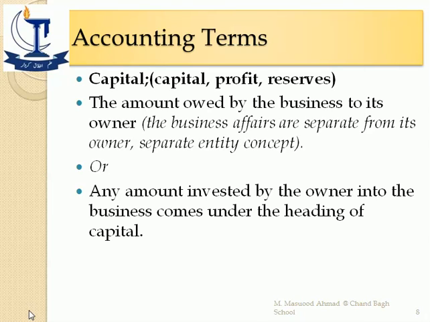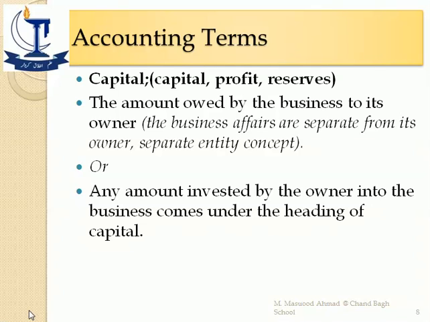And the next thing, that is the last thing, that is capital. Capital comprises the amount invested by the owner into the business, and along with this, the profit which is not taken by the owner yet and is retained in the business is also part of equity, part of capital, and all the reserves, the profit set aside for some purpose, are also part of equity.